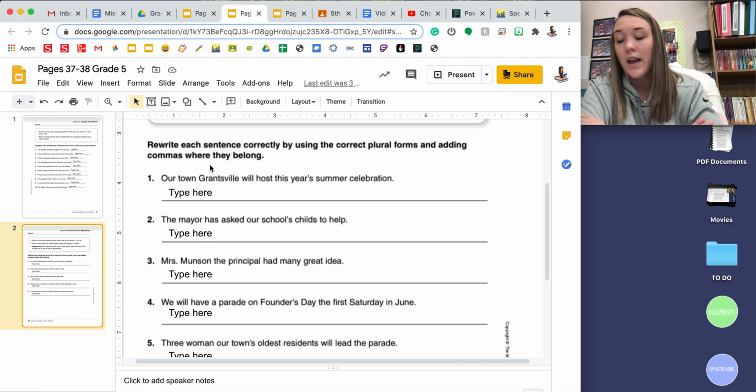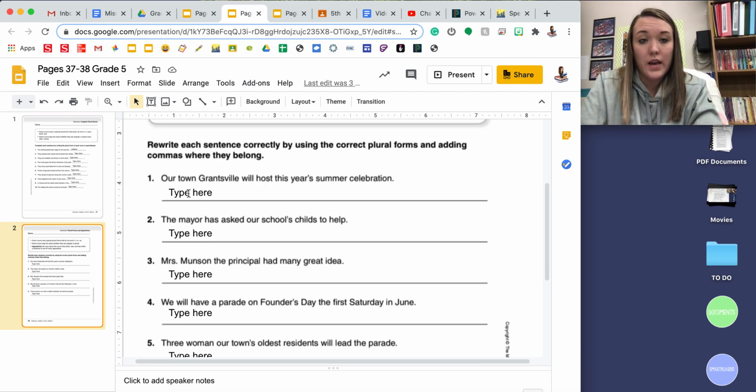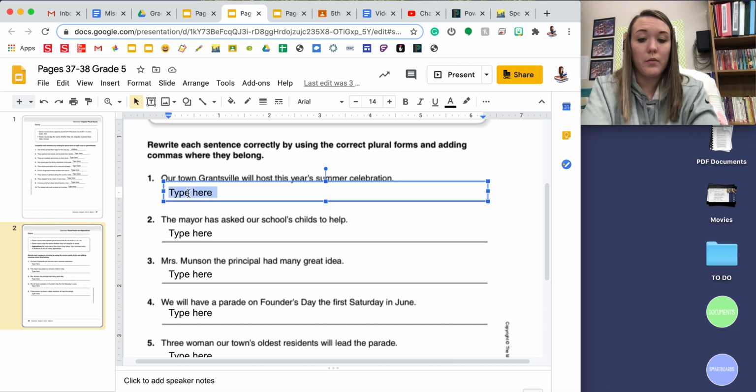There are not any other mistakes in this sentence because year's is showing possession, because it's this year's summer celebration, so that apostrophe is needed. I'm going to retype: our town, comma, Grantsville, comma, will host this year's summer celebration.